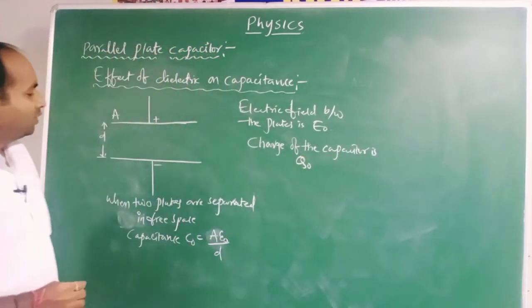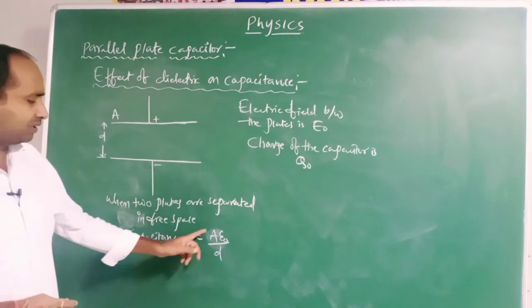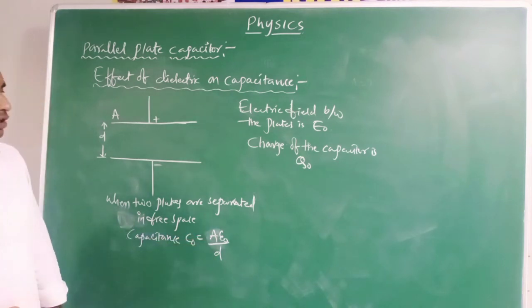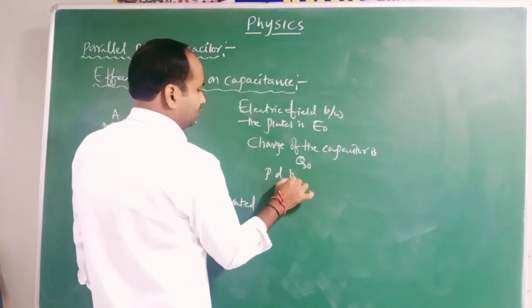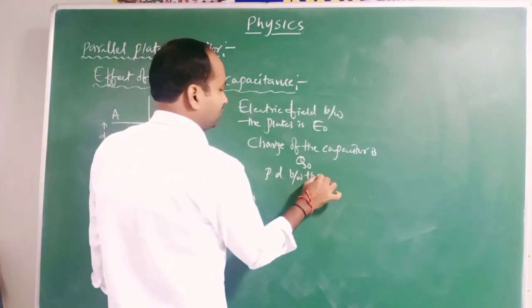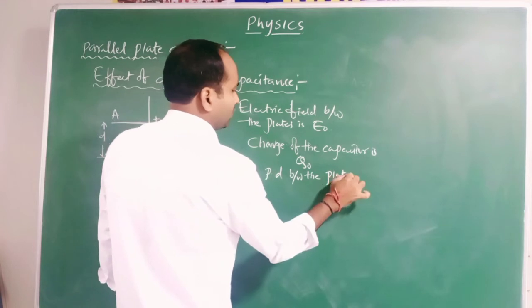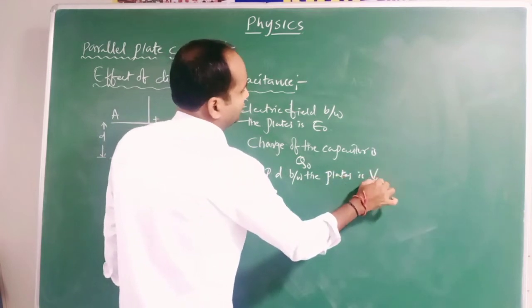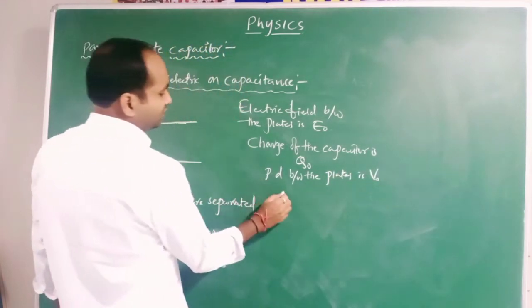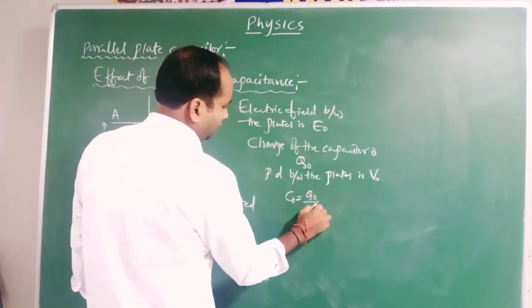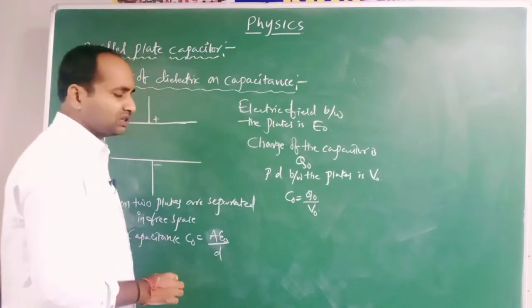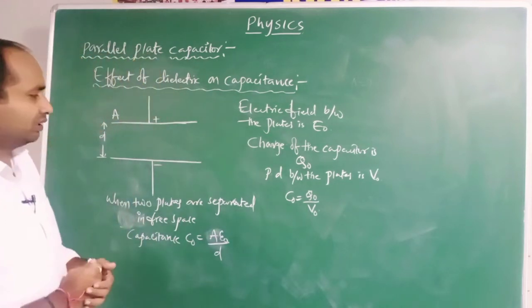C naught is A epsilon naught by D, and the potential difference between the plates is V naught. By the definition, C naught is equal to Q naught by V naught.